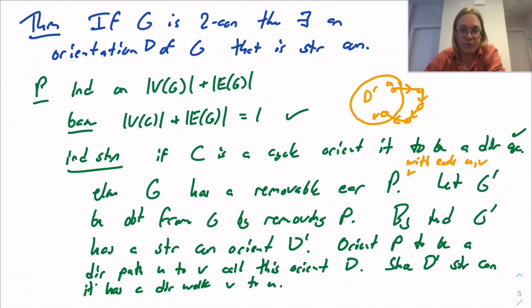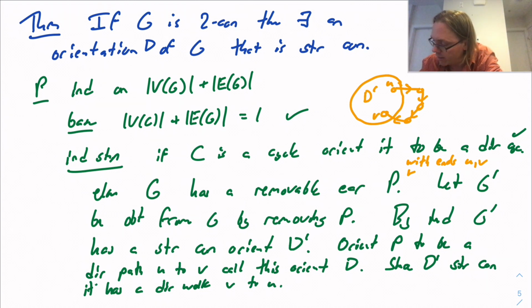So it follows from the presence of this directed walk that all vertices of P must be in the same strong component. On the other hand, U and V must be in the same strong component as all of the rest of the vertices of G prime, because D prime is strongly connected. So all of the vertices in D prime, which are the same as the vertices in G prime, are all part of the same strong component.